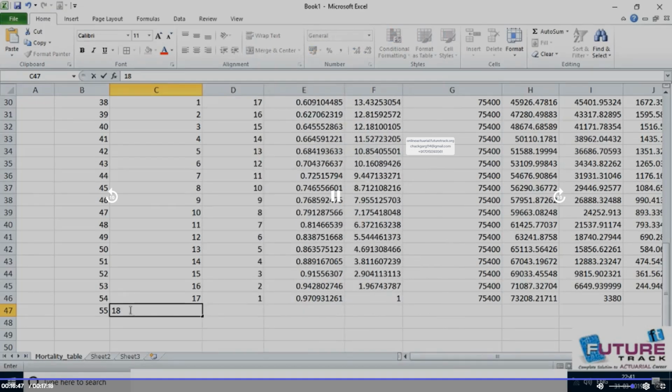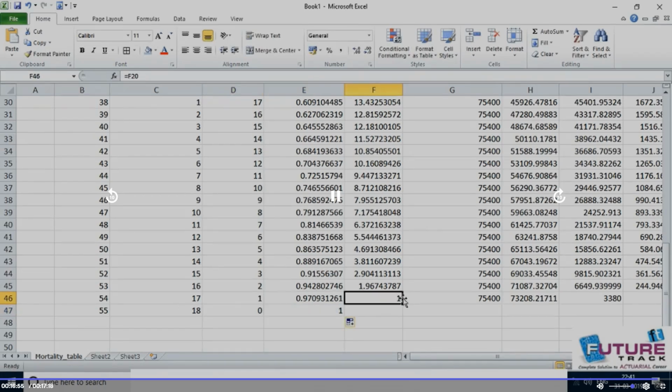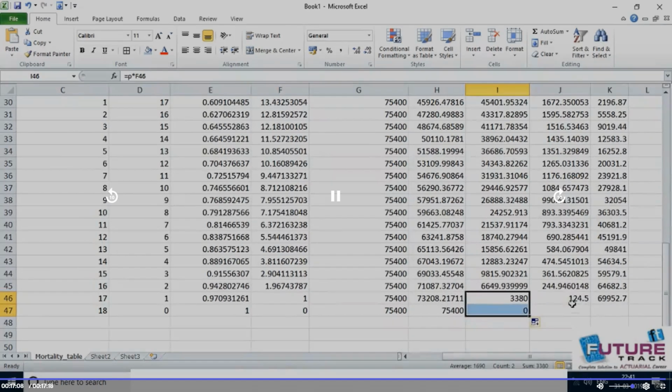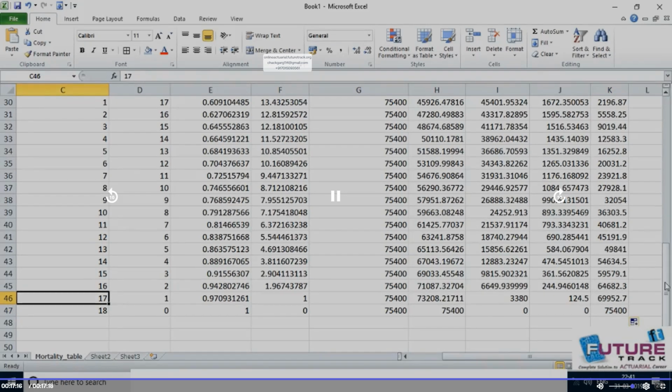Sorry, I forgot one thing. We have to write till 55 years, so 55810. So let me drag this. Okay, so this is my 18th year reserve we are having, fine.